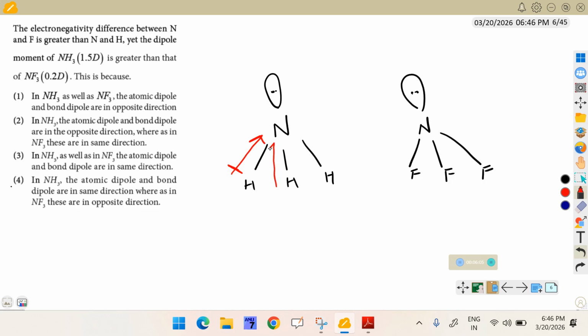Break the bond between nitrogen and hydrogen, electrons move towards nitrogen side, and on nitrogen the lone pair electrons move towards the lone pair side. Nitrogen and fluorine: fluorine is more electronegative, that's the reason electrons move towards fluorine side.